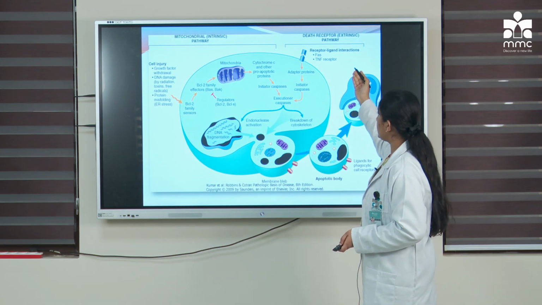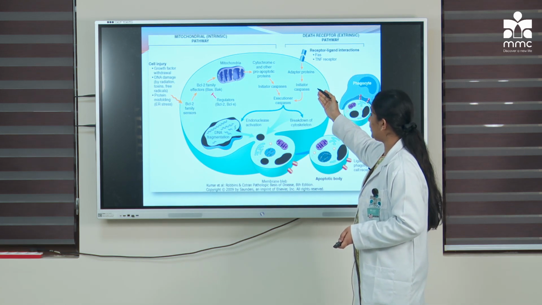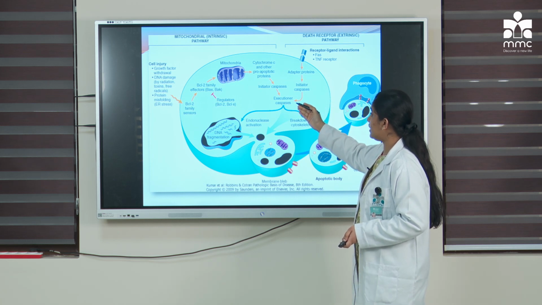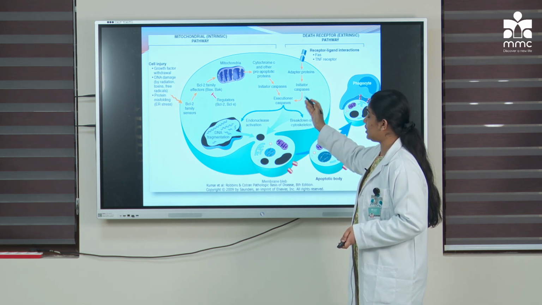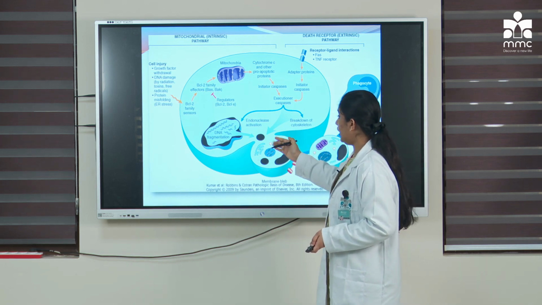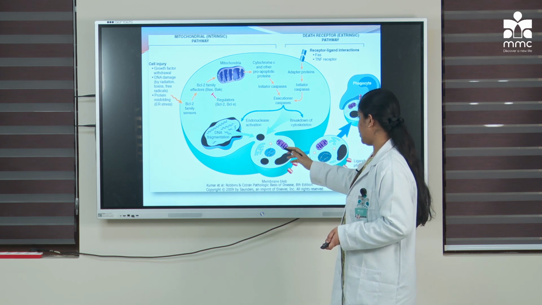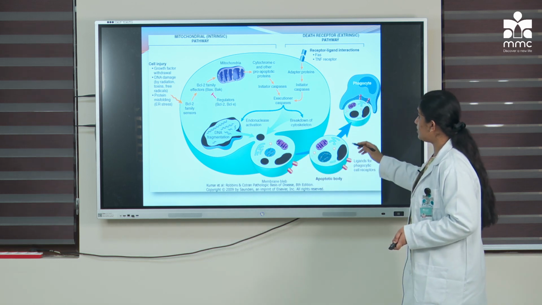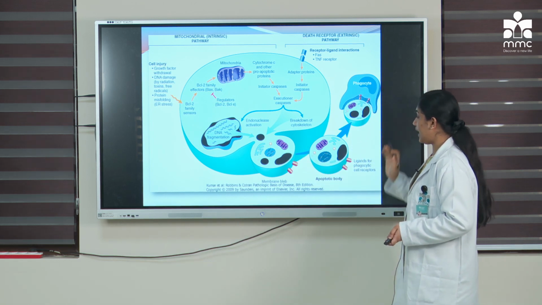Similarly, in the death receptor pathway, there will be adapter proteins, which will activate the initiator caspases, resulting in execution caspases. Further, there will be breakdown of DNA by endonuclease activation, resulting in apoptosis, which will be phagocytosed by the macrophages.